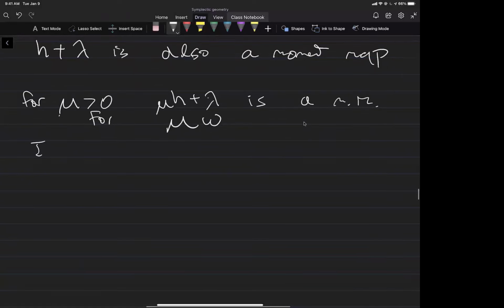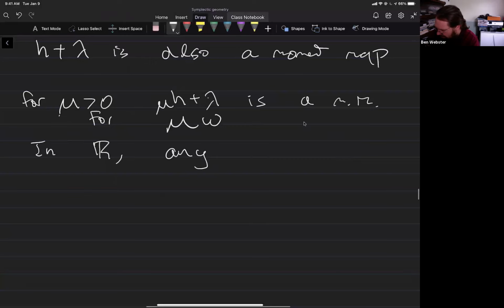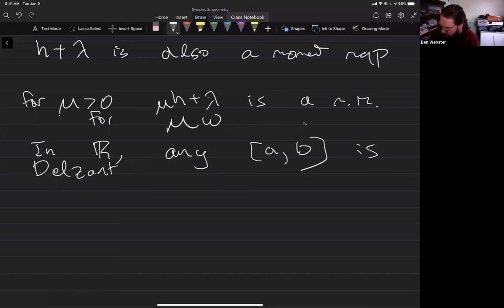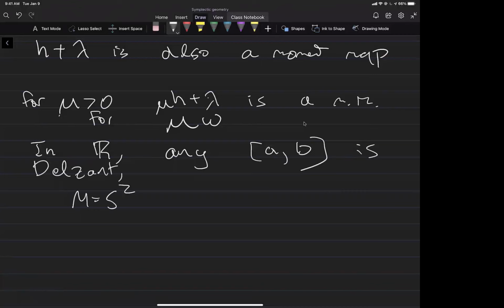So in R, any closed segment, so any A to B, is Delzant. And the corresponding M is always S2, but which symplectic form on S2 depends on how long the segment is. That was, B minus A.